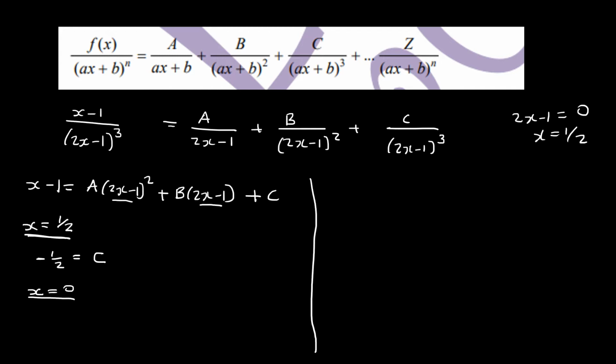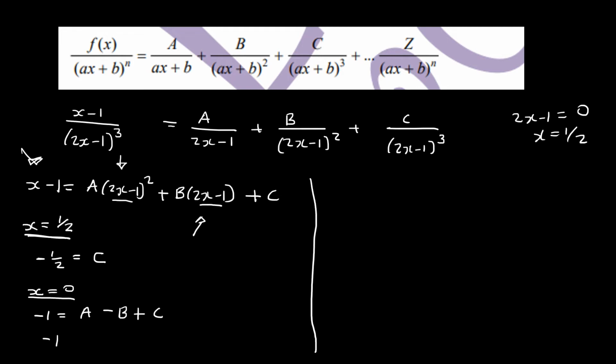Don't go beyond that. If I substitute 0, then 0 minus 1 on this side gives negative 1. If I substitute 0 in the term for a, I'll have minus 1 squared, which is positive 1, times a. If I substitute 0 on b, I'll have minus b, then plus c.